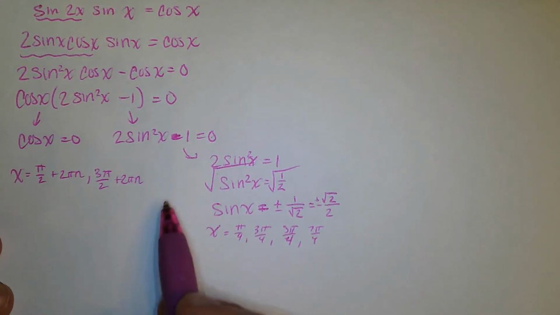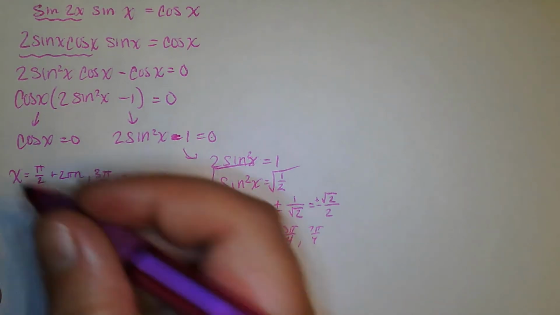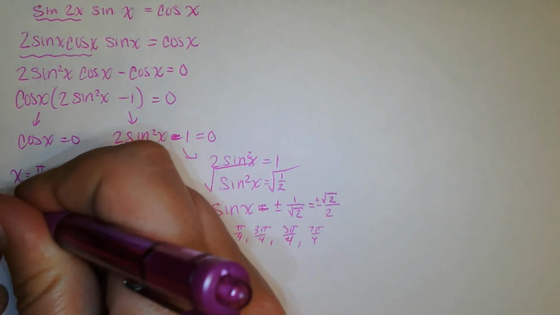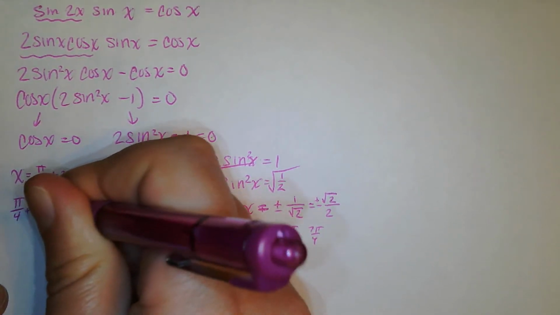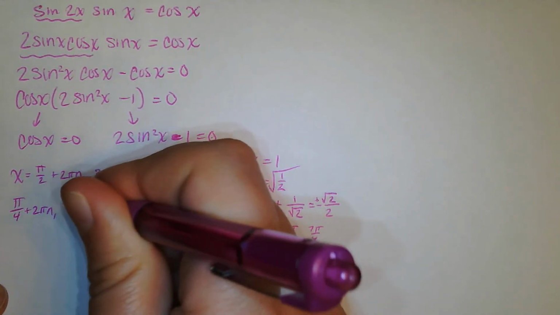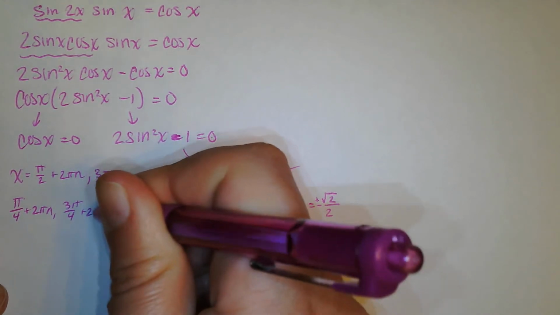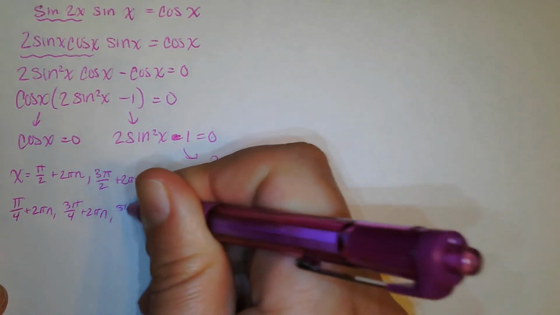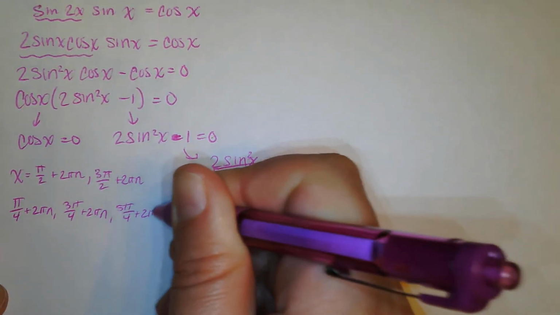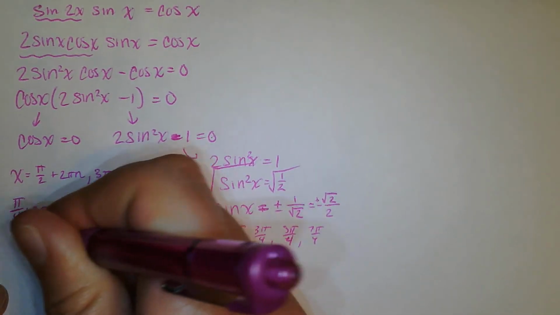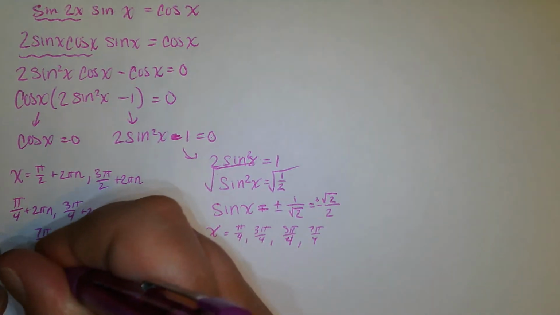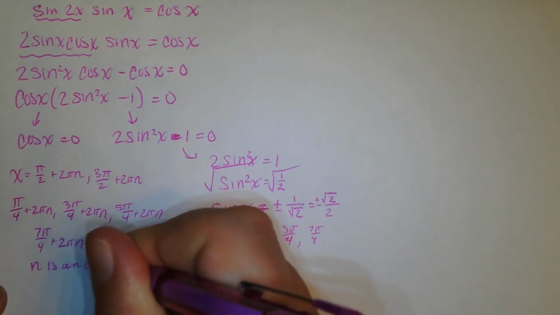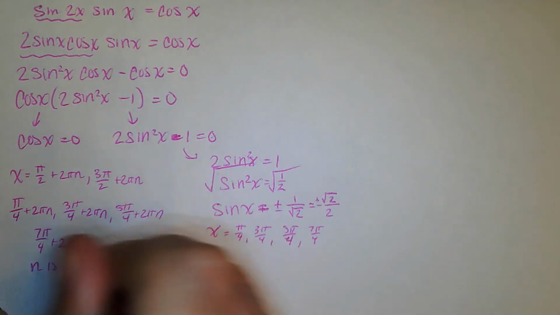So let's tack the 2 pi n on each of those, and then we will be done, where n is an integer.